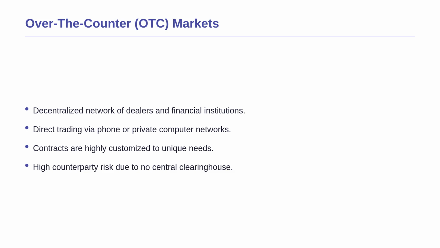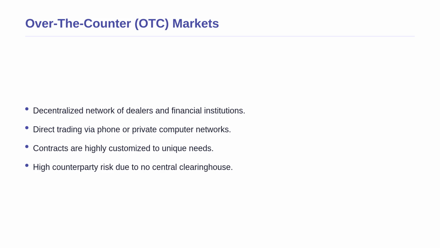Now that we understand exchange markets, let us look at the alternative. Imagine going to a private tailor instead. You negotiate every single detail, getting perfect customization. But if the tailor goes out of business, you might lose your deposit. This is the over-the-counter or OTC market.